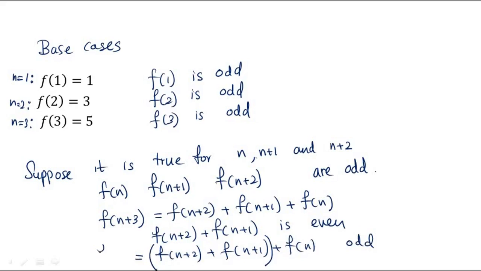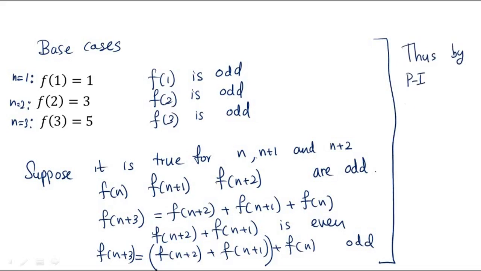This whole thing is equal to f(n+3). So what have we done? We have shown that f(n+3) is also an odd number. Now we can appeal to the principle of induction and conclude that f(n) is odd for all n in the natural numbers.